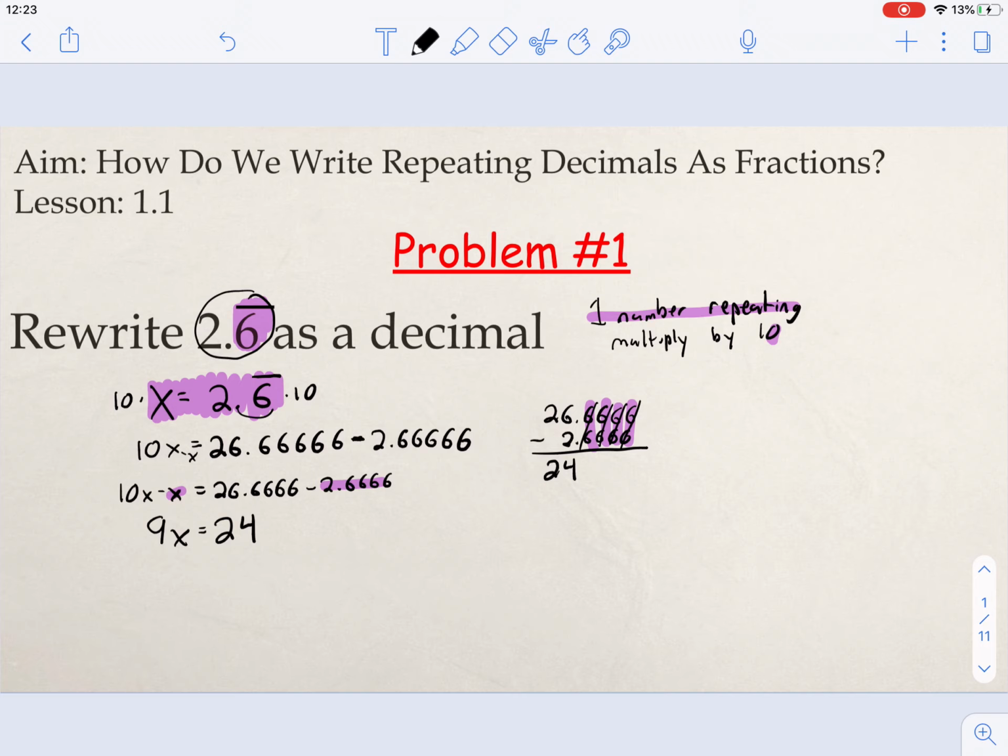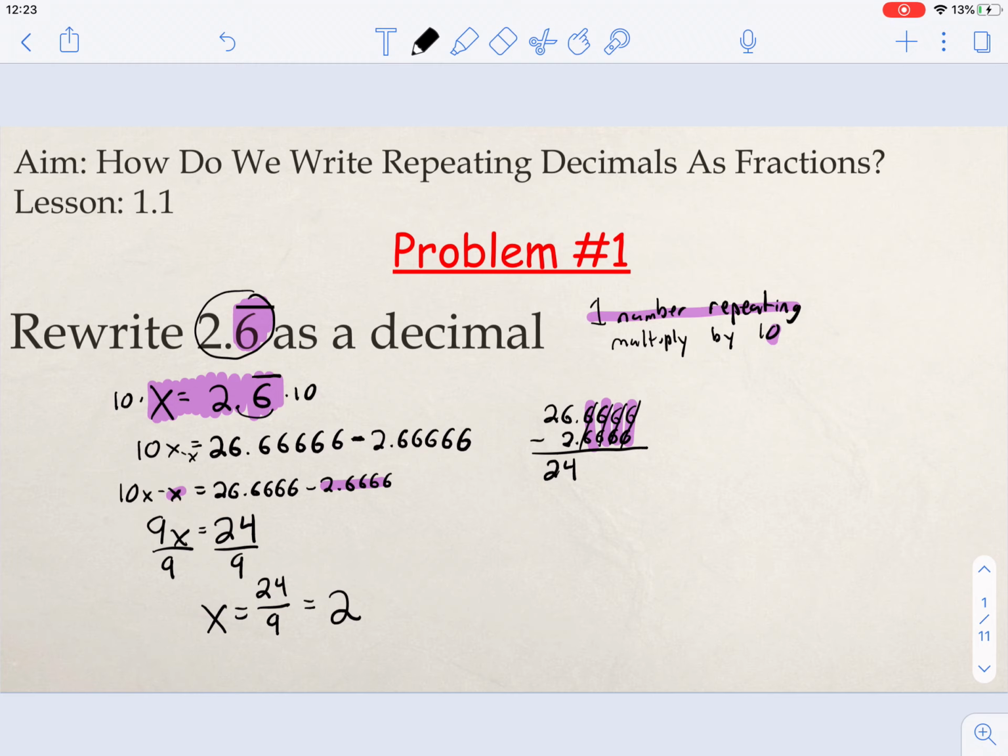Now I just have to solve this for x. So I can divide both sides by 9. And I get x equals 24 over 9. Now I do not want to leave it as an improper fraction, so I'm going to turn it into a mixed number. So 9 goes into 24 2 times. 2 times 9 is 18.